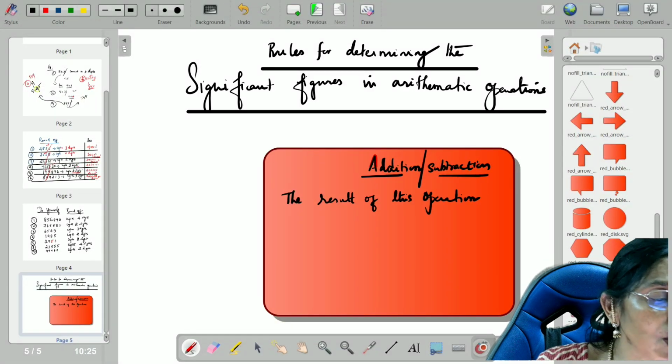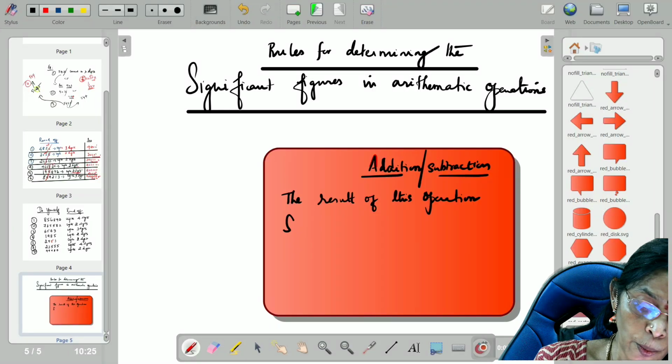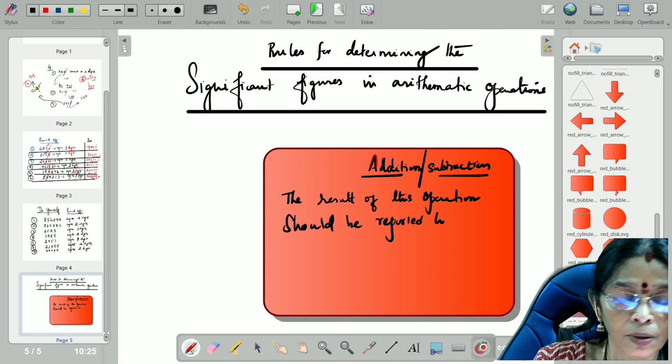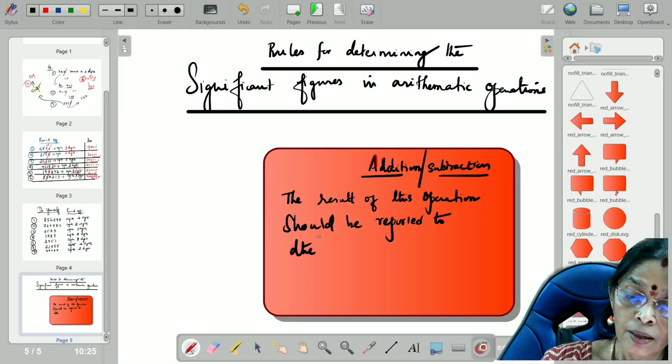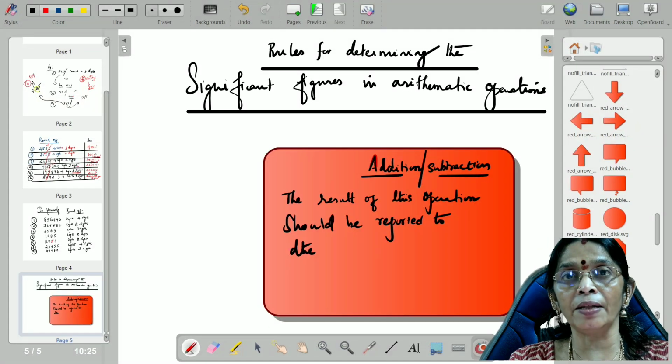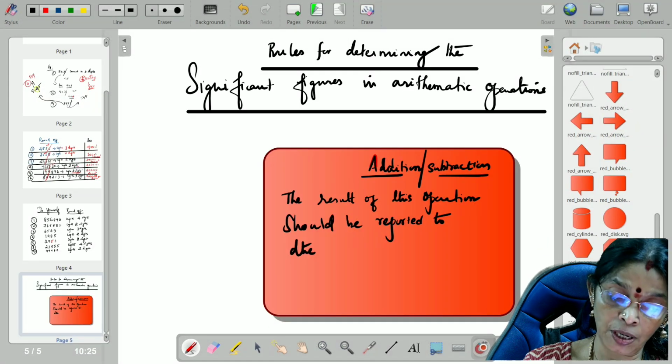the result of this operation should be reported to the minimum number of decimal places involved in the given question.